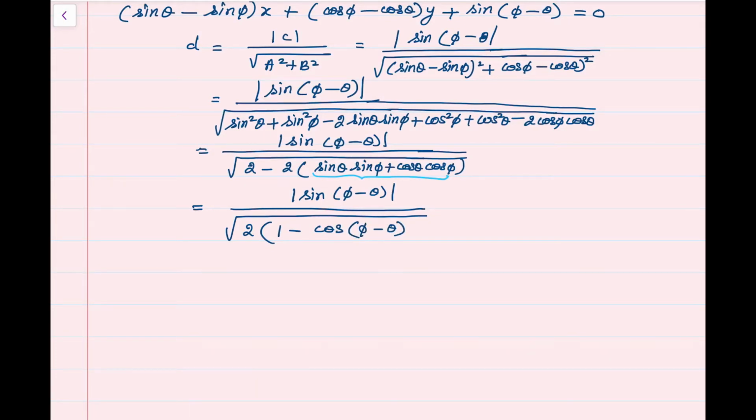The numerator has phi minus theta, so let us write cos of phi minus theta in the denominator.